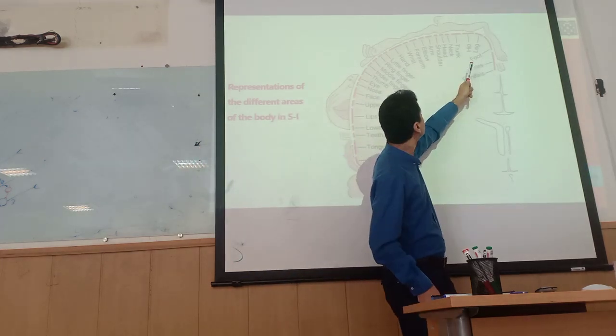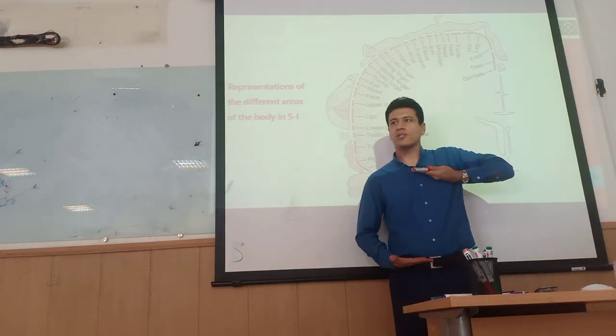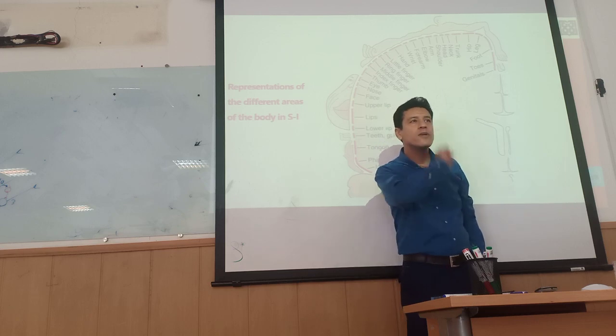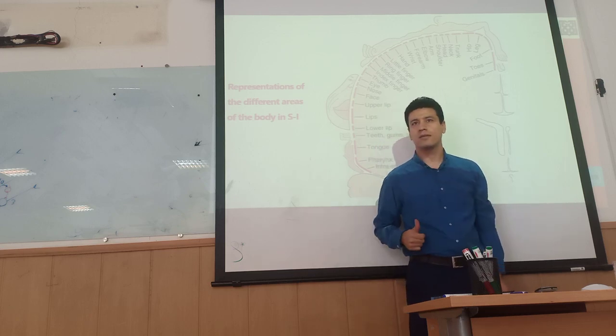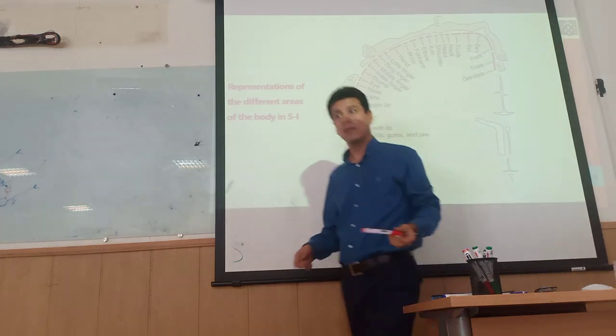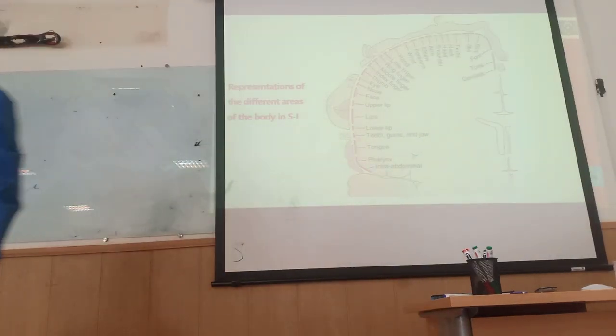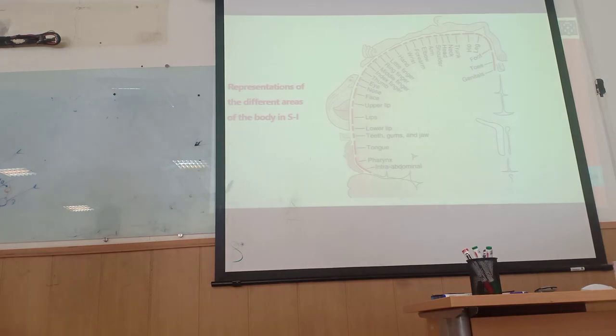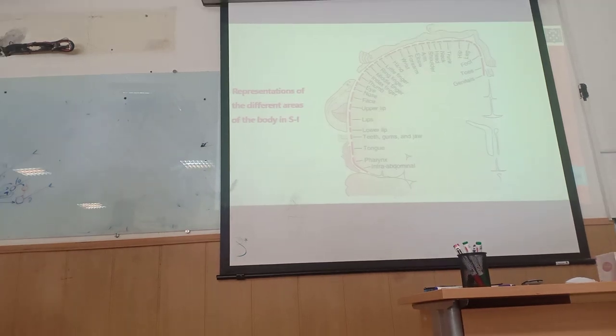But the trunk is large, but a small area of the cortex is devoted to the trunk. And a small area is devoted to the leg. It means that sensation from the leg is not so precise. Sensation from the trunk is also not so precise. But the hand is a very sensitive organ for touch.